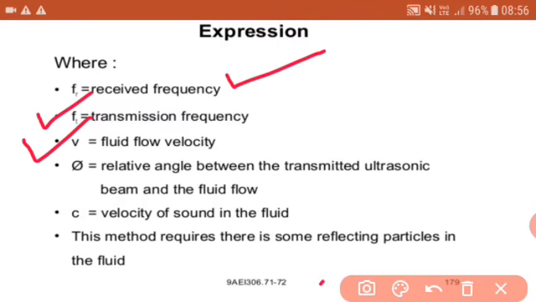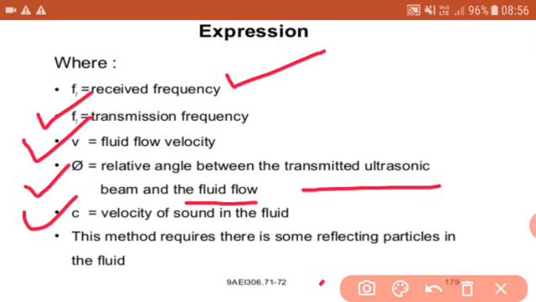Phi is the relative angle between the transmitted ultrasonic beam and the fluid flow, so it is nothing but an angle.